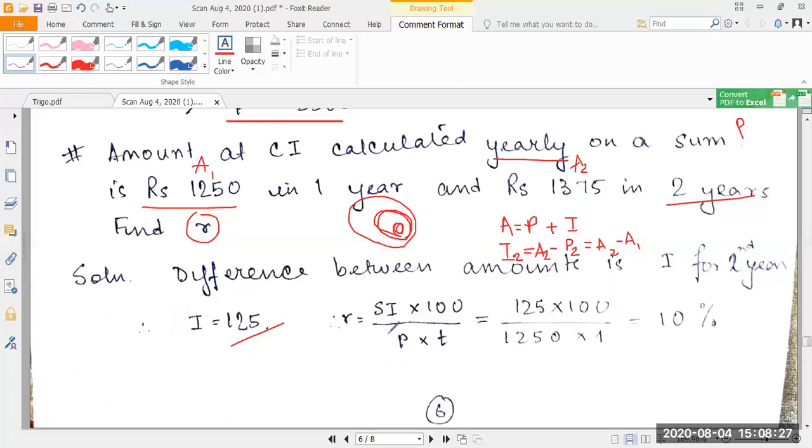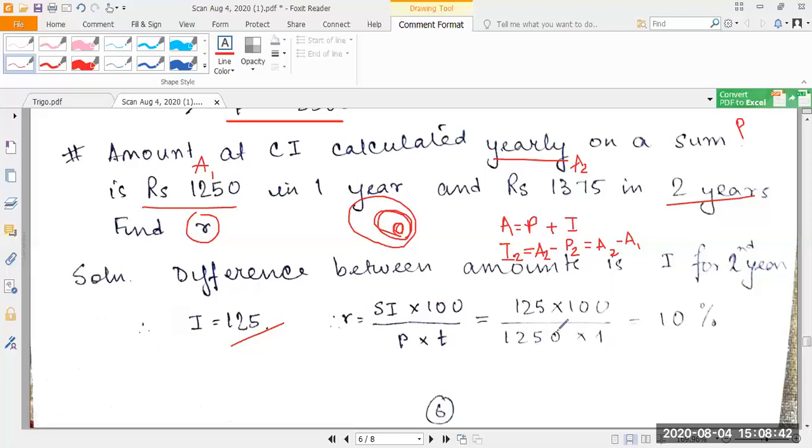The principal amount is essentially 1250, and the time is, since we are considering the difference between the second year and the first year, an interval of 1 year. So we put T equals 1.